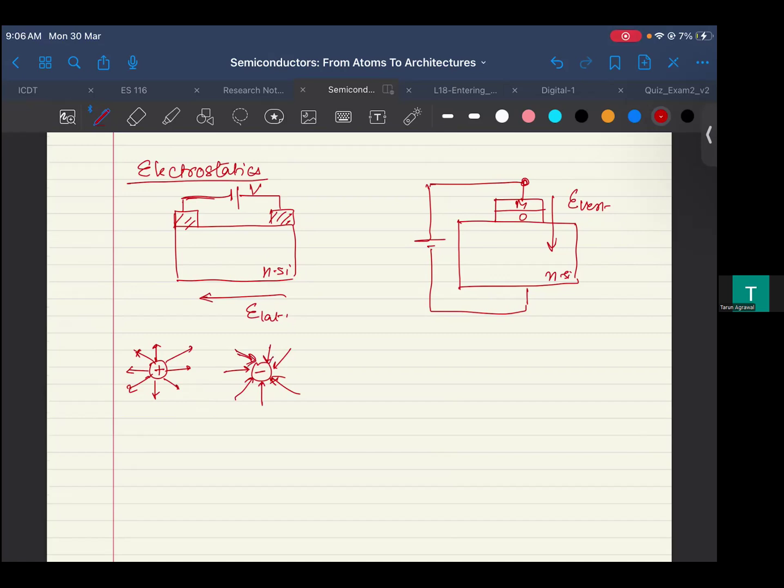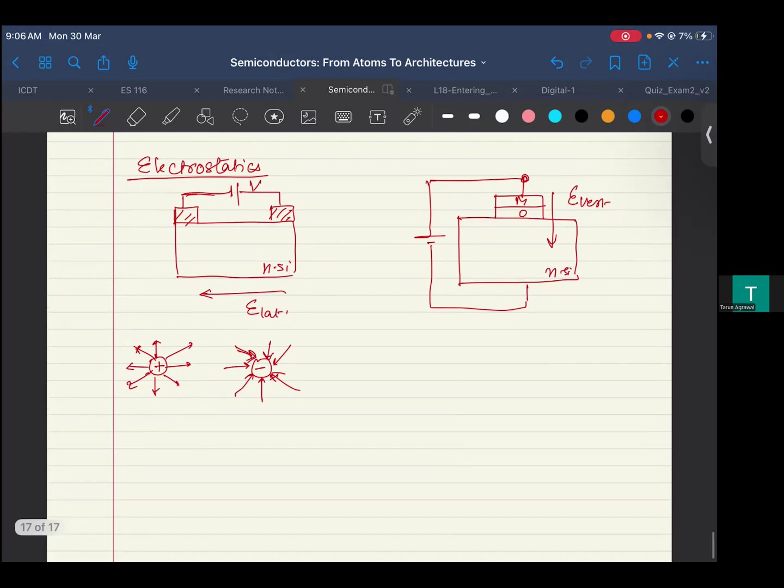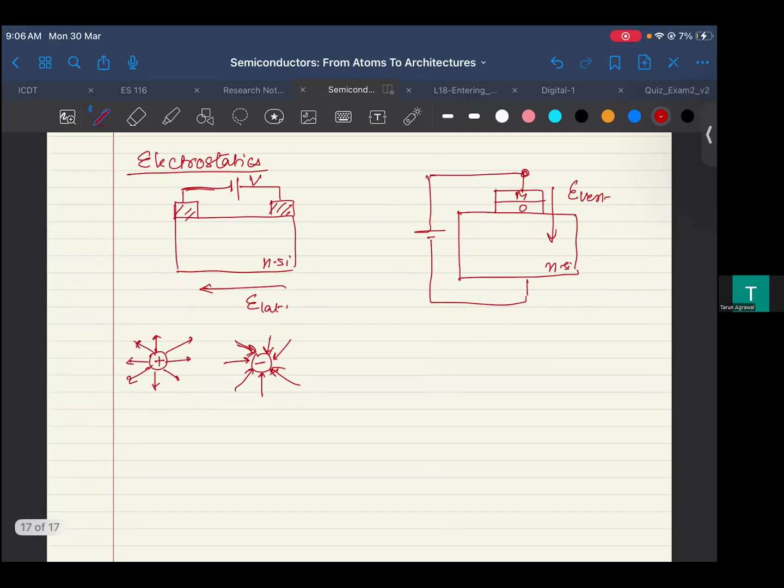Based on this convention, whatever charge is surrounding in the space we are considering should also relate to how the field is changing, because we see the field is changing in space, right? That is why we looked at dE by dx, let's say if we are looking at 1D, one dimensional, only the x.